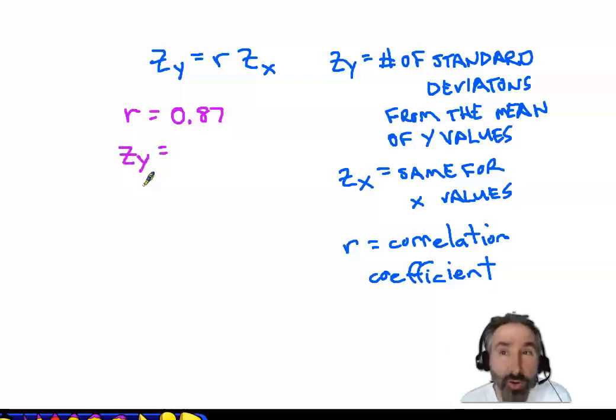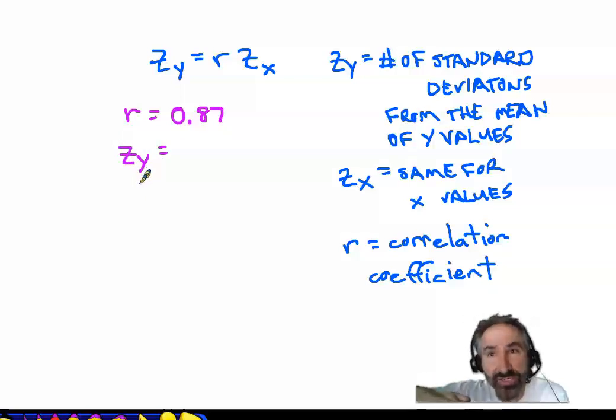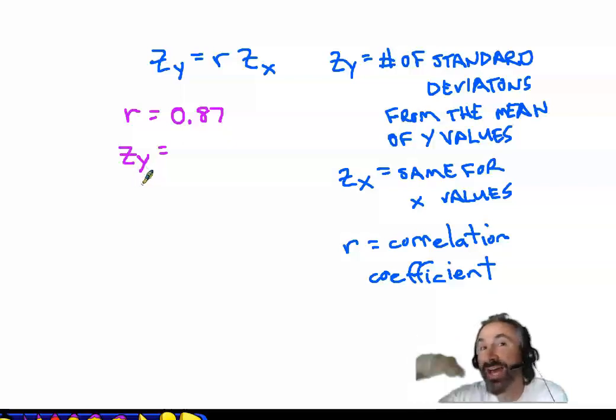What we want to know is, in a given situation, if the standard deviation of y values rose, how much would the standard deviation rise for the x values. That's what we're looking for.